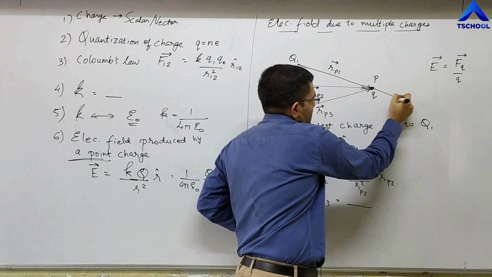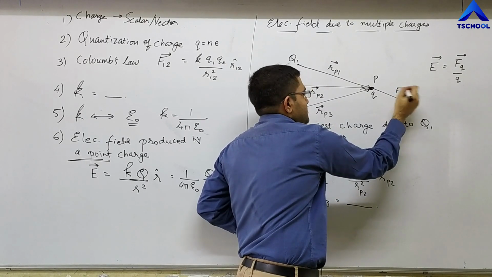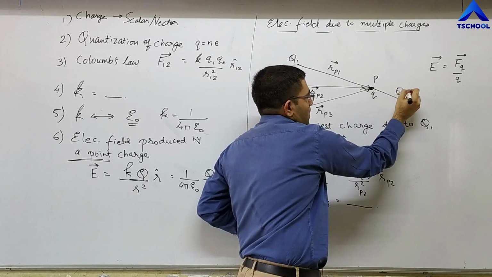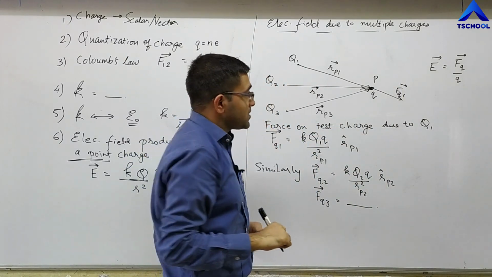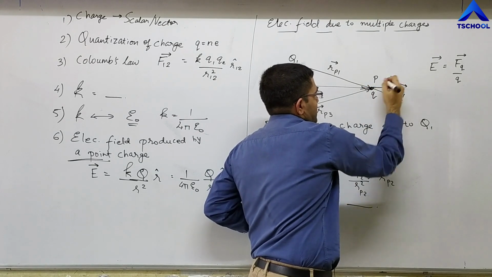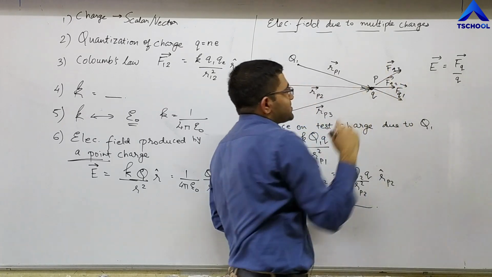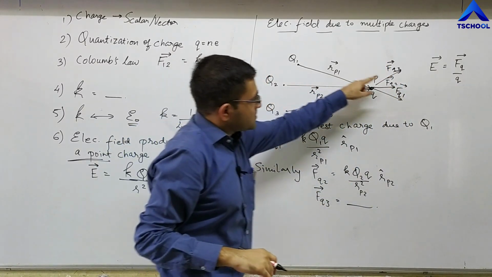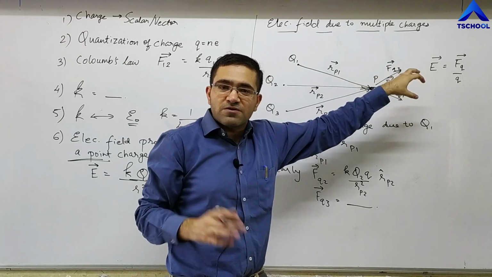So if everything is positive here, you have FQ1 in this direction, force on Q due to the first charge, force on Q due to the second charge will be in this direction, and the force on Q due to the third charge is in this direction. So the net force will be the addition or the superposition of all the 3, right?